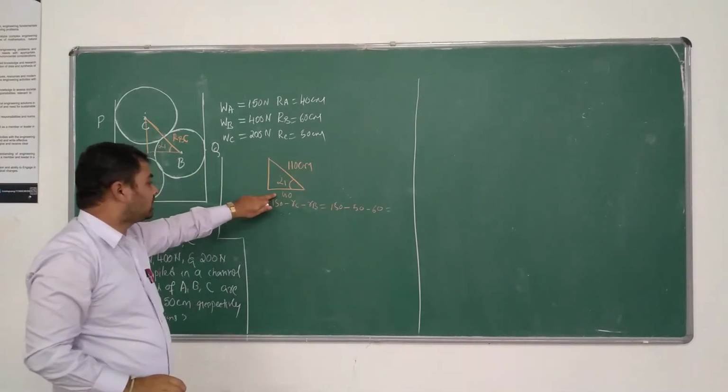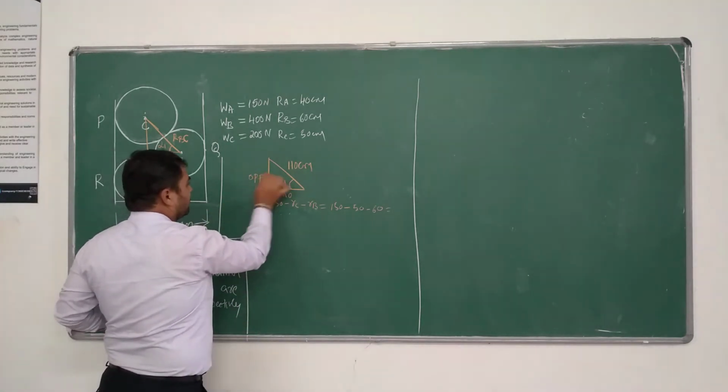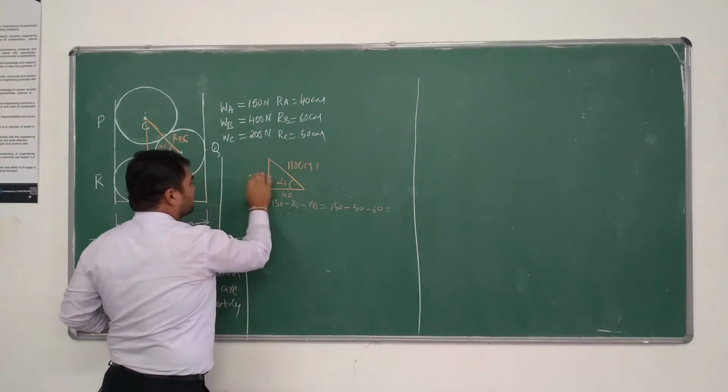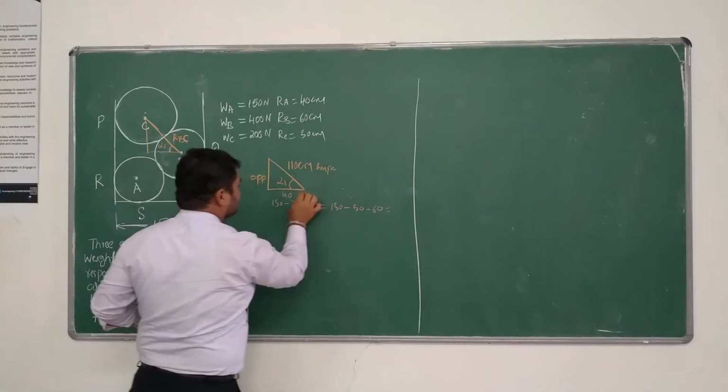From this, we can calculate the value of alpha 1. This is the hypotenuse, this is the opposite side, and this is the adjacent side.